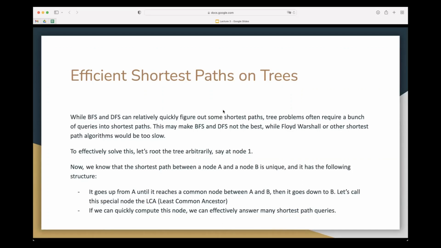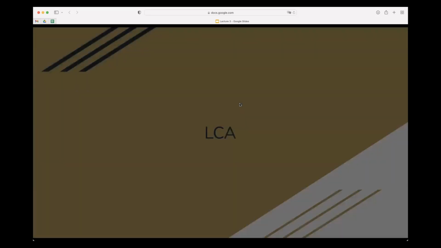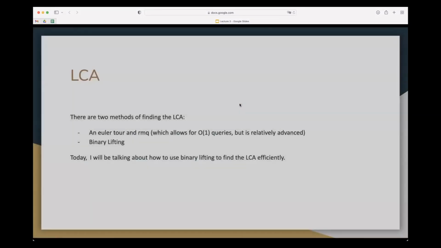So how will we find this LCA? Well, let's talk about that. There are two methods of finding the LCA. One method is Euler tour plus any type of range minimum query. If you use a segment tree, that'll allow O(log n) queries. If you use a binary indexed tree, that'll allow O(log n) queries.